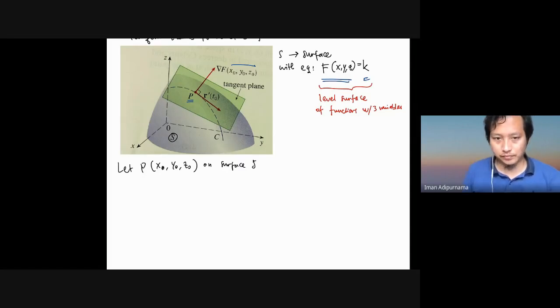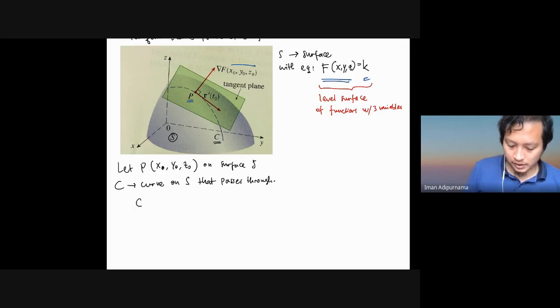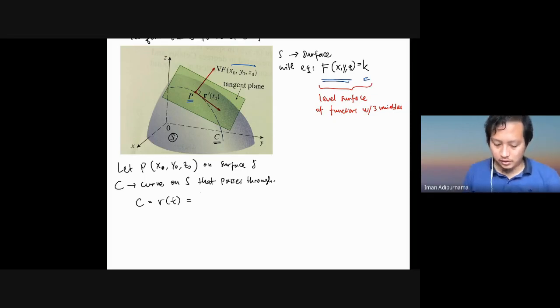Okay, and C is a curve on the surface S that passes through P, and the curve is actually a vector function. So it's chapter 13, right?